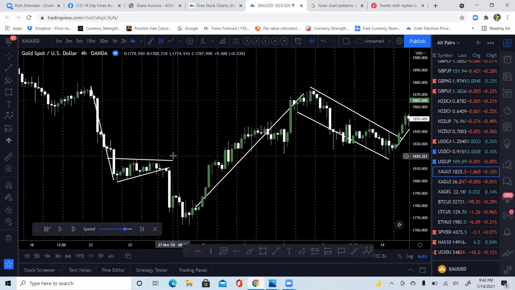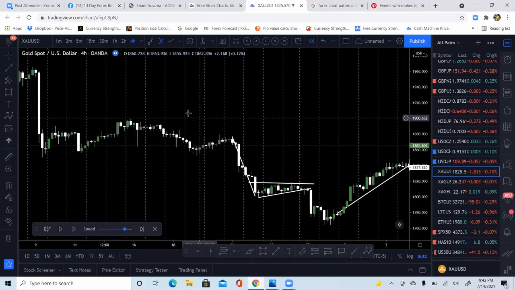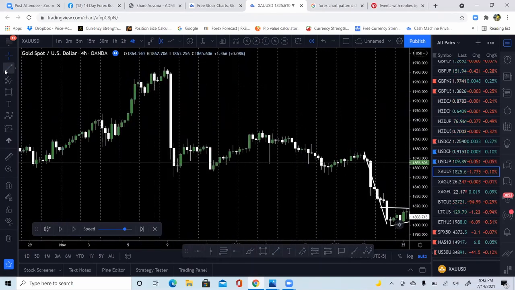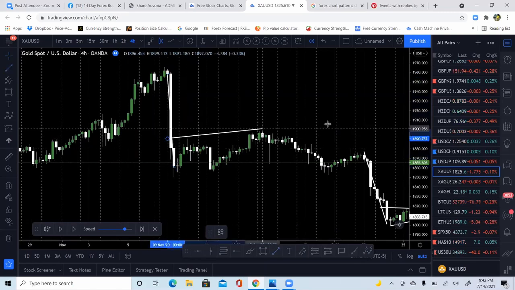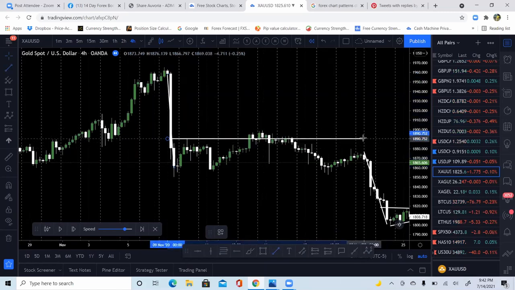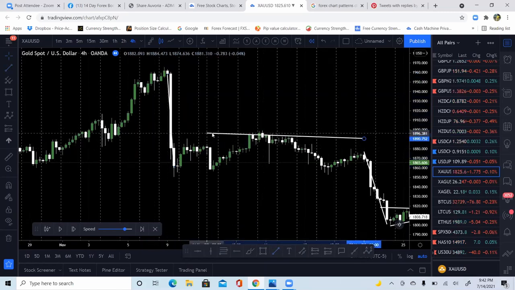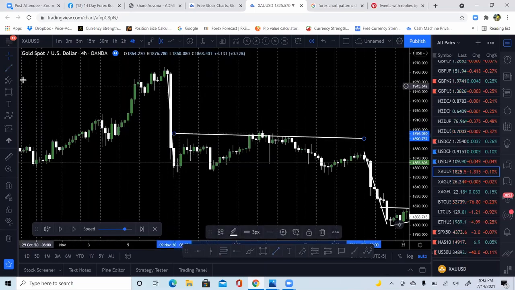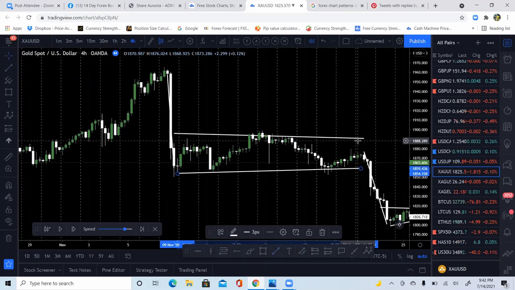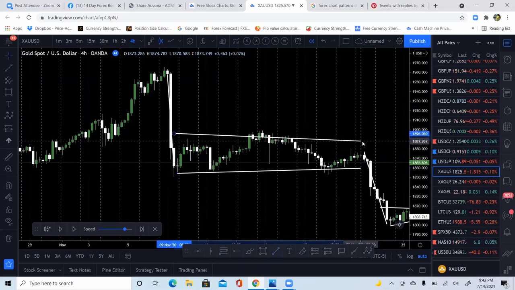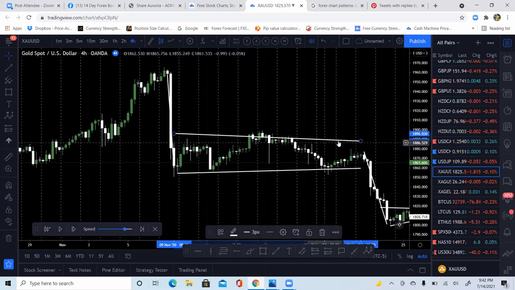So that would be your bearish pennant, and it continues forward. And even this would be considered a pennant as well, because it kind of squeezes at the end. If it was perfect every time, everybody would be rich. Sometimes the markets make it a little bit uglier, so you don't notice it.